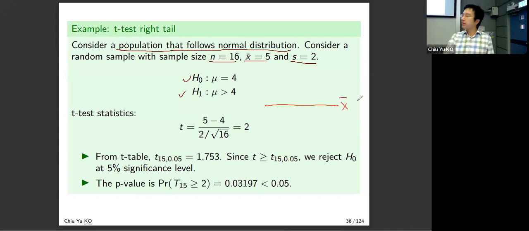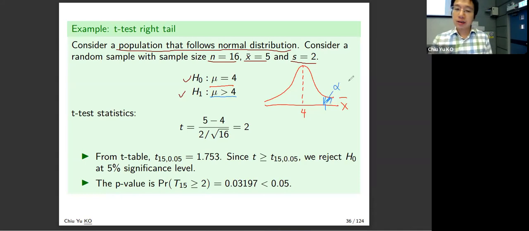Okay, X bar 5 is here. I know 4 is here under this. And the question again is, if this is bigger than 4 enough, then I reject. Still the case is, I want this alpha. And the shape of this again is sigma squared over n.